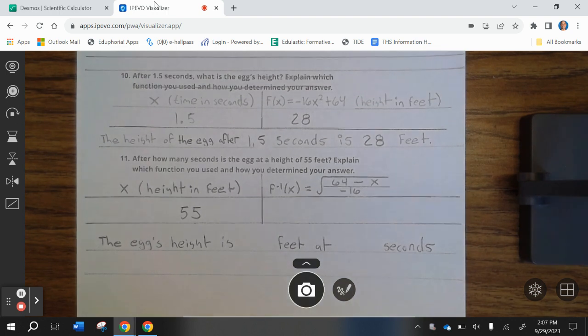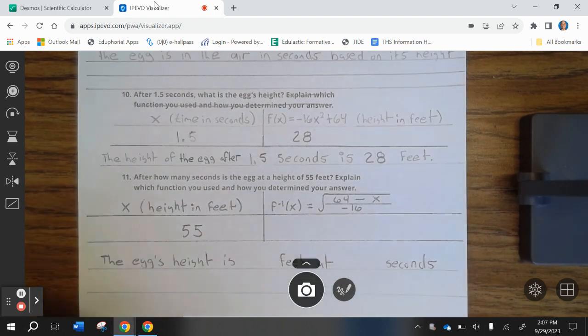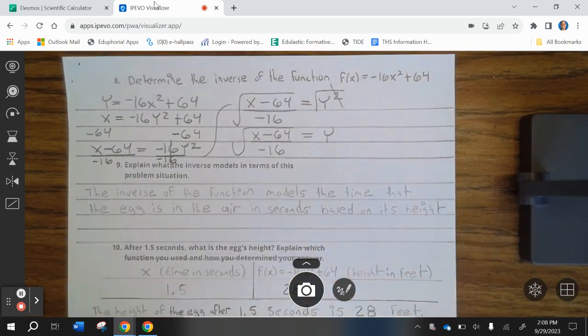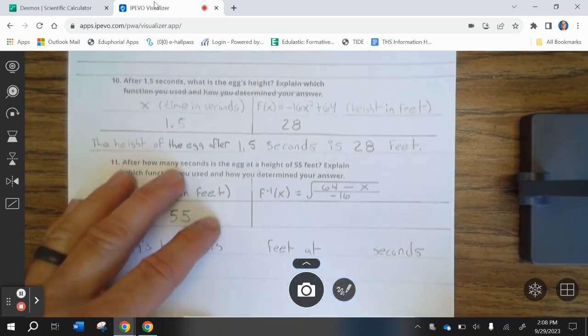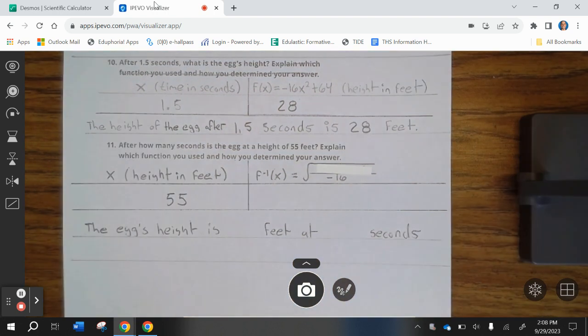Oh, I just caught it. Sometimes this happens. This equation is actually incorrect, so let me just fix that. I just noticed it's supposed to be x minus 64. So if that ever happens, double check your work like I just did. And let's fix.